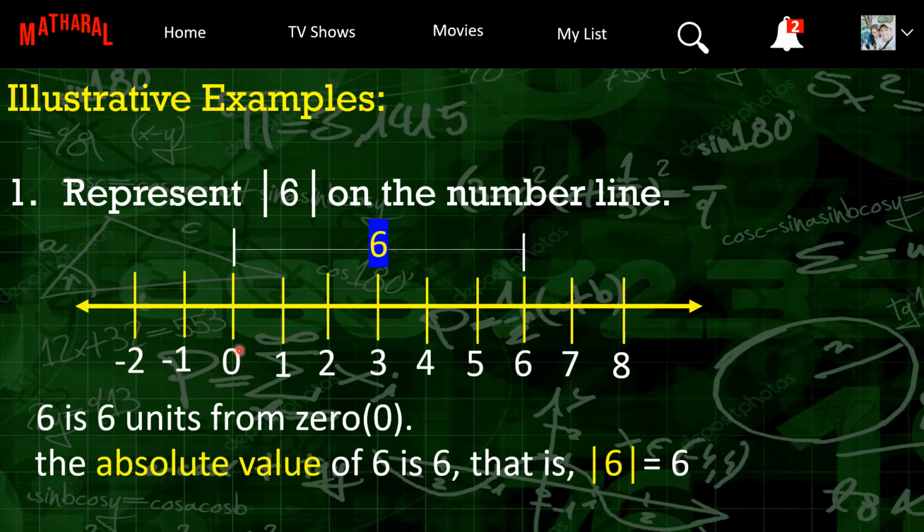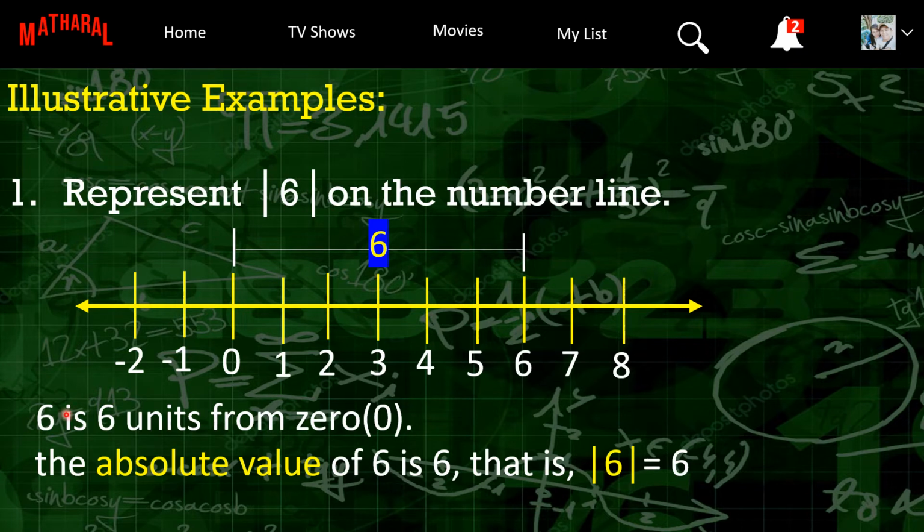So, pointing out 0, to its right, pointing out 6, and put a marker. Then, if we're going to count the steps, the distance covered from 0 to 6, let's count 1, 2, 3, 4, 5, 6. Counting it one by one, we produce 6 steps or 6 units.